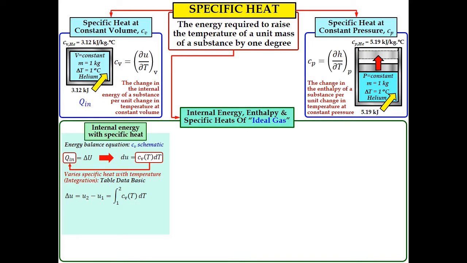So this equation for the variation of specific heat with temperature means that the value of Cv will change if the temperature changes, so we need to use the integration equation.